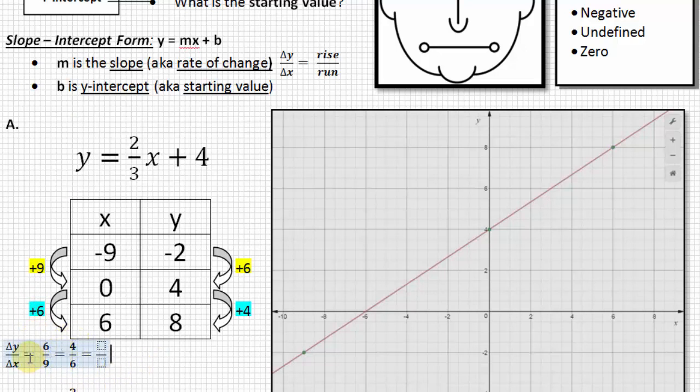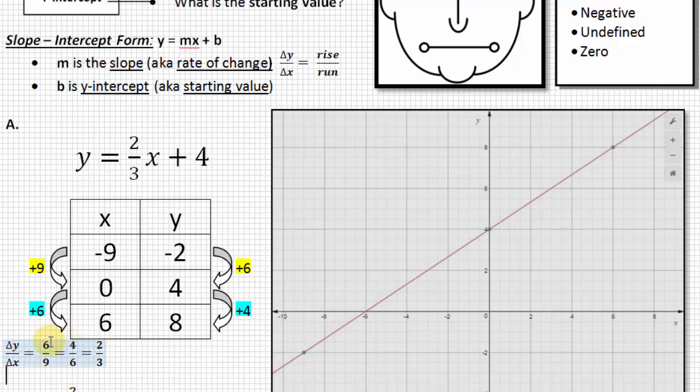So we need to ask ourselves, are these equivalent? Is 6/9 equal to 4/6? And then ideally, is that equivalent to 2/3? Think about that for a second. Do you think that all three of these are equal? If you said yes, I would agree with you.